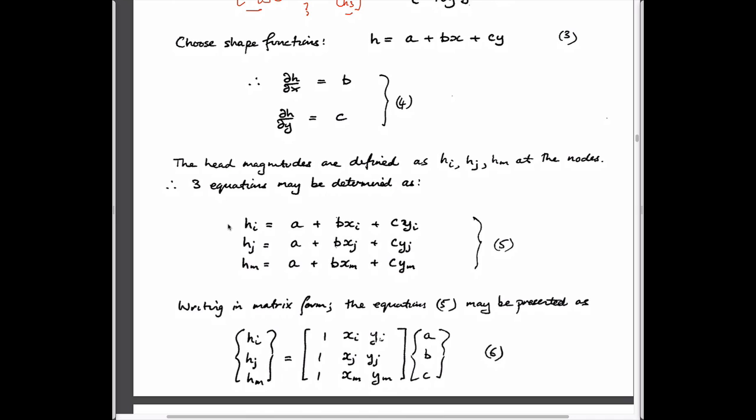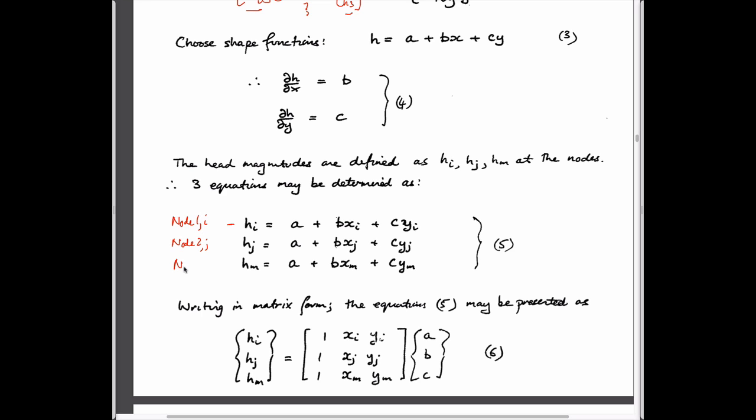We write the equation in terms of the head at node I, node 1. The value of a we don't know. We certainly know the x coordinate and the y coordinate of node I, but we don't know c. So we can write it at node 1, or node I. We can write it at node 2, or j, I guess.